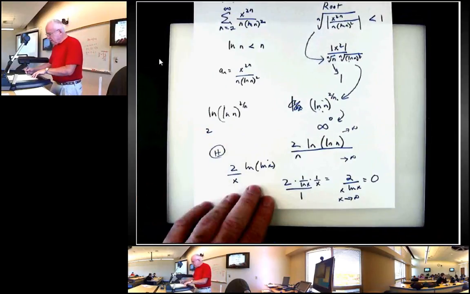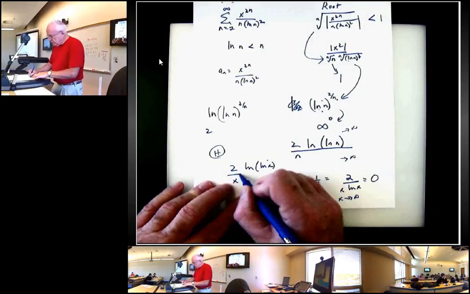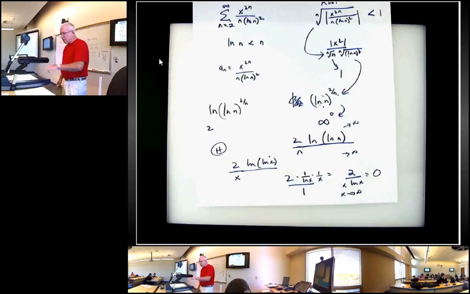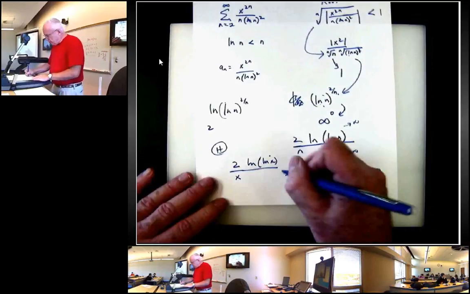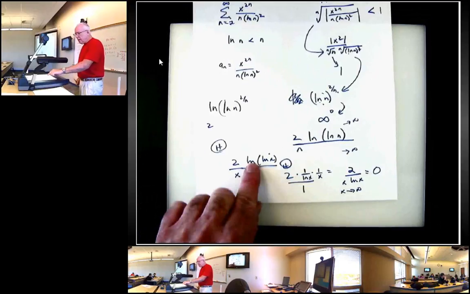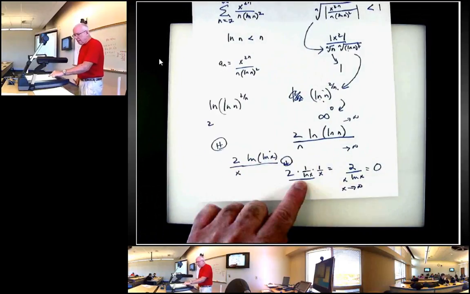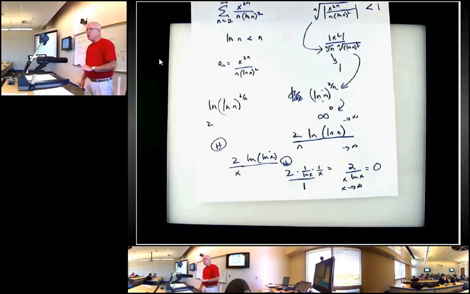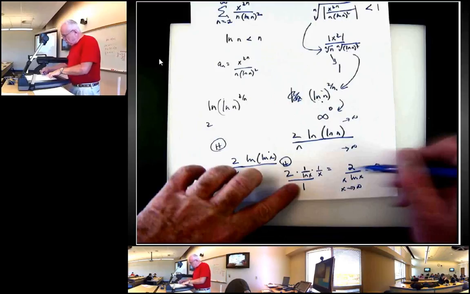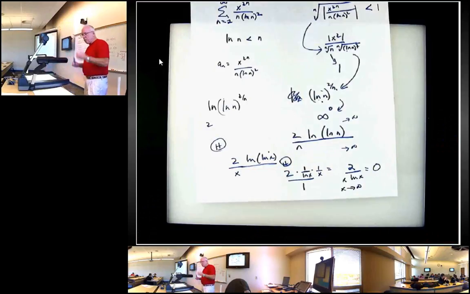And what I get then, and this is the function that I'm really using, is 2 times the ln of the ln of x over x. If I use L'Hopital's rule with that, the x becomes a 1. The derivative of the ln is 1 over the ln times 1 over x, just using the chain rule, right? And so this becomes 2 over x times the ln of x. Well, x goes to infinity, ln of x goes to infinity. So as you said, this whole thing goes to 0.